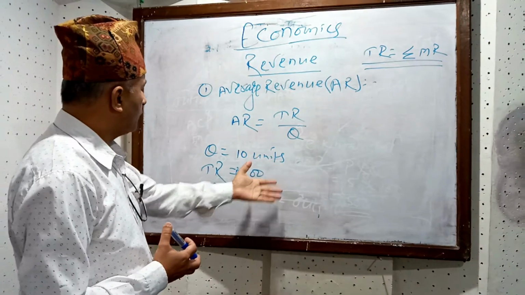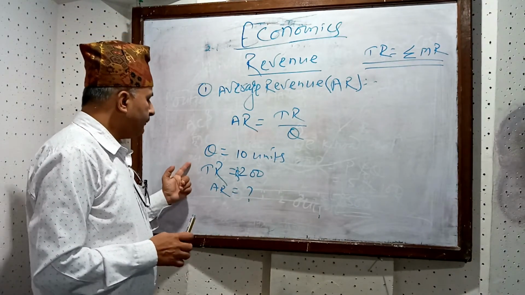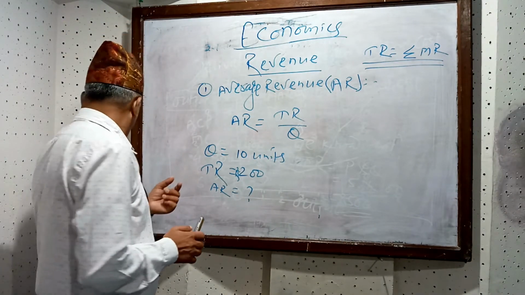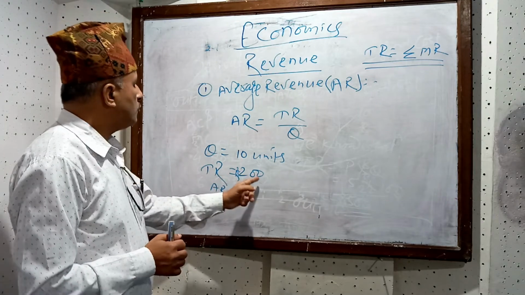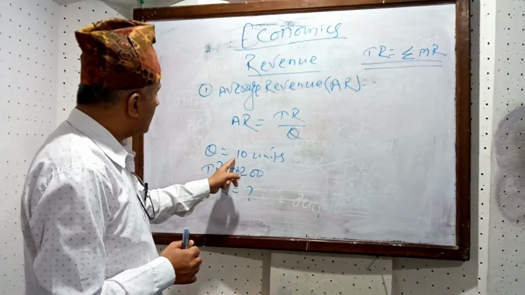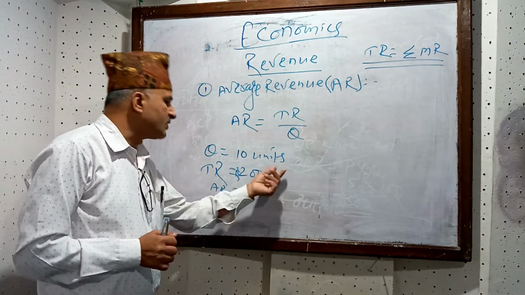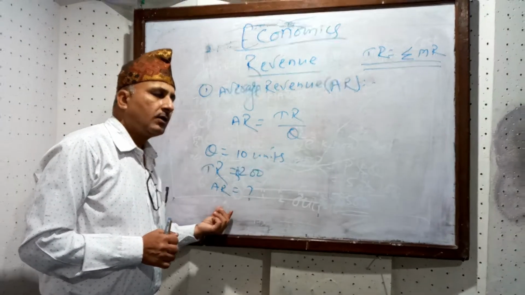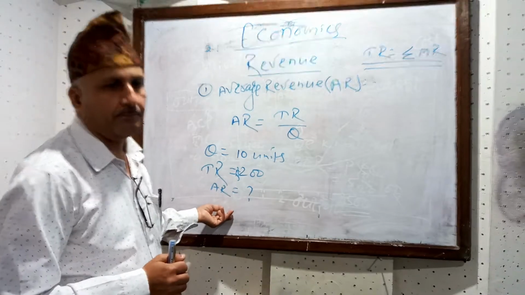The information given to you is, if a producer receives rupees 200 as his total revenue after the sale of 10 units of something, then calculate average revenue.